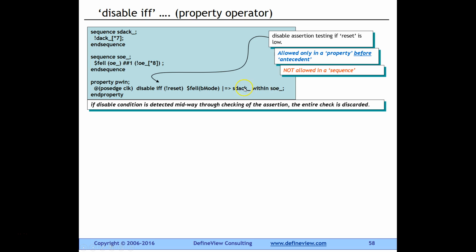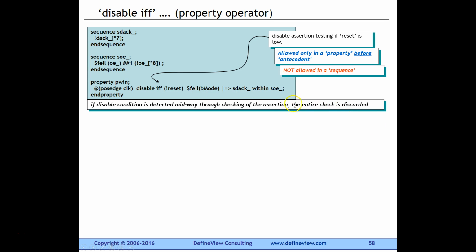Let's not worry about how within works, or any of the complexity of the property here. What is important is I'm saying do not execute or do not even look at this if reset is active low and reset is low. Disable iff reset is low, do not execute this. If reset is not low, execute this.